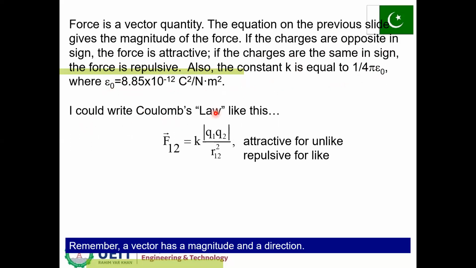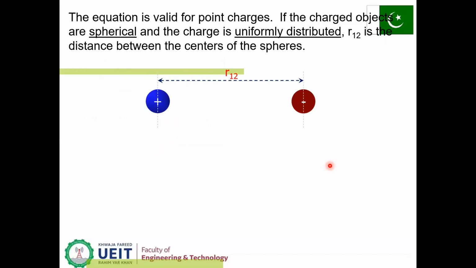I could write Coulomb's law like this: the force F12 of one charge on the other is equal to K Q1 Q2 over R12 squared. Attractive for unlike, repulsive for like charges. The equation is valid for point charges, or if the charged objects are spherical and the charge is uniformly distributed.